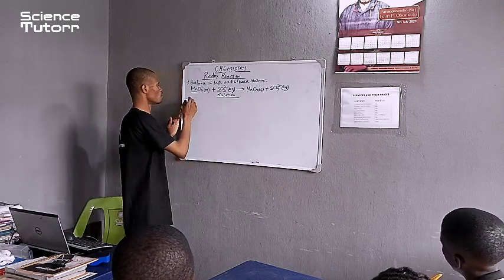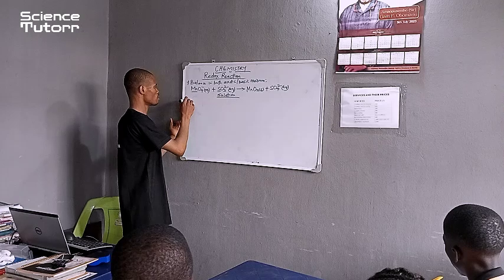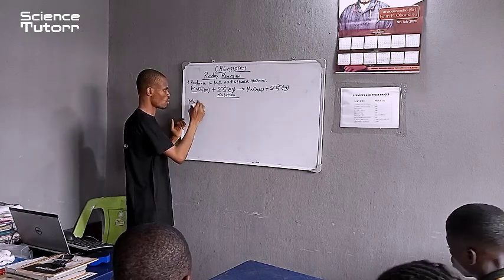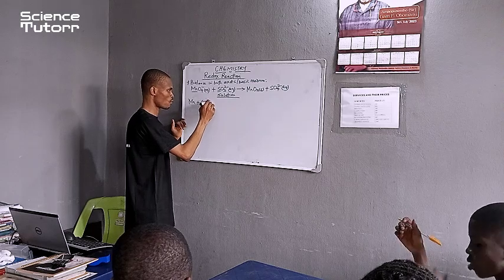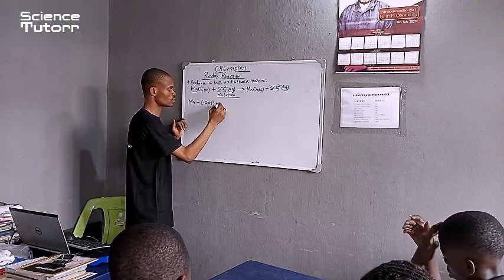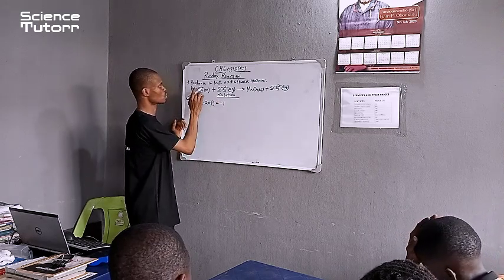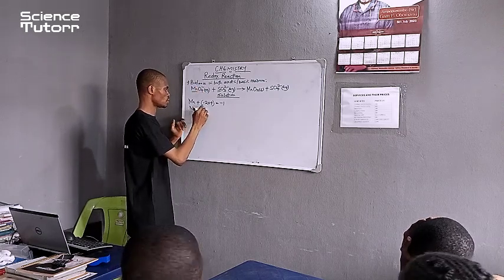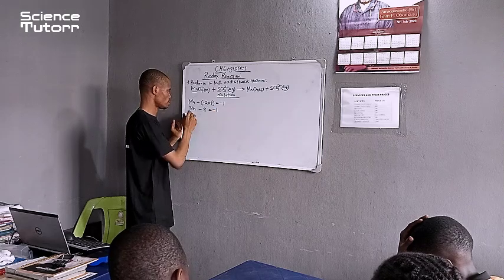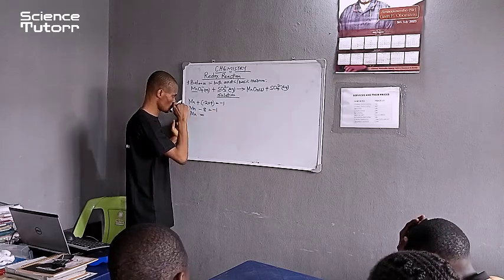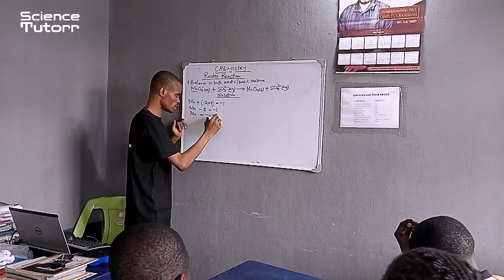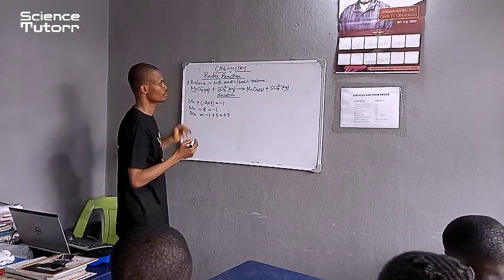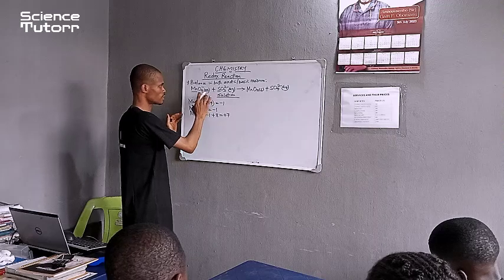So for manganese, Mn plus oxygen is -2, and we have 4 of it, right? It will give us what? -1 because of the charge. So Mn minus 8 is equal to -1. Mn is equal to -1 plus 8, which is what? Plus 7. Plus 7 on the reactant side.